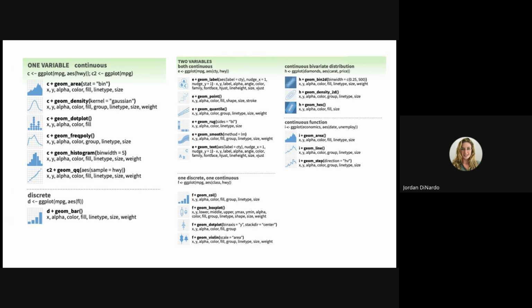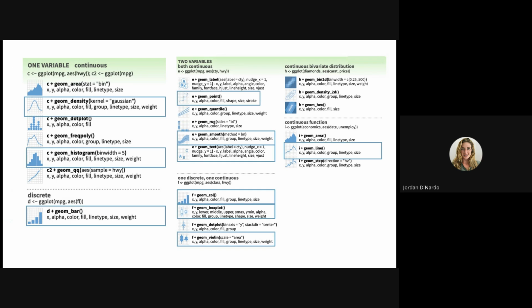Okay, so to the right here, we're now seeing geoms with two variables. Lots of different options. I think I've identified those that I use the most. In the two variable area, we have geom_point, that's your basic scatter plot.